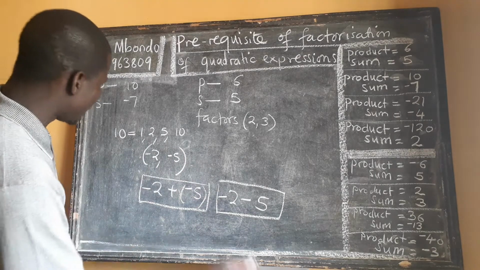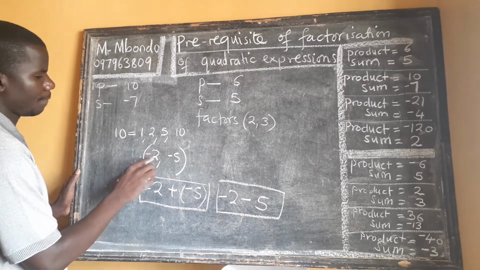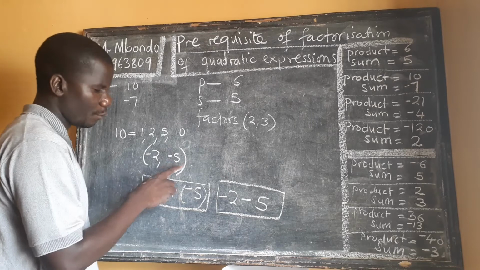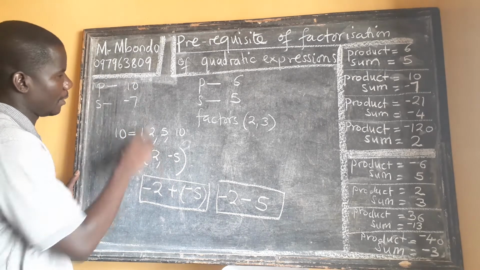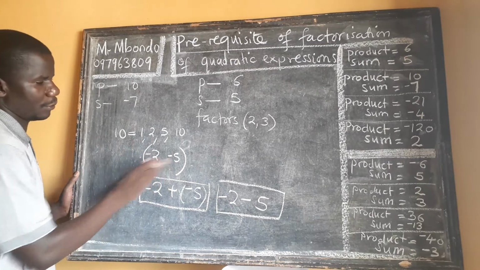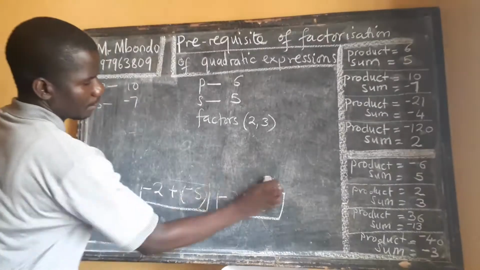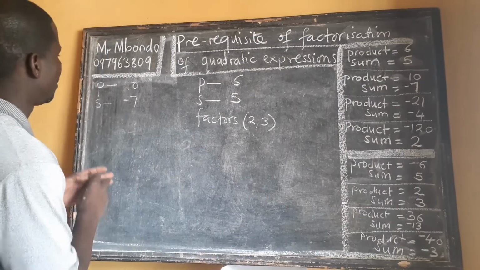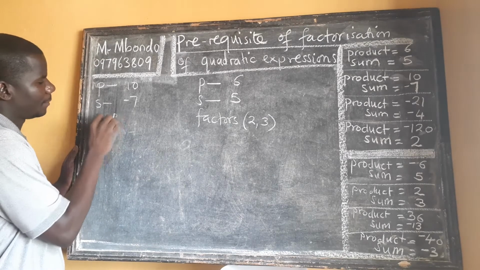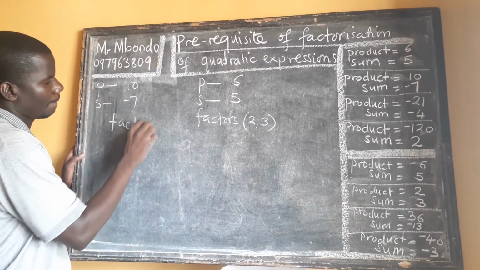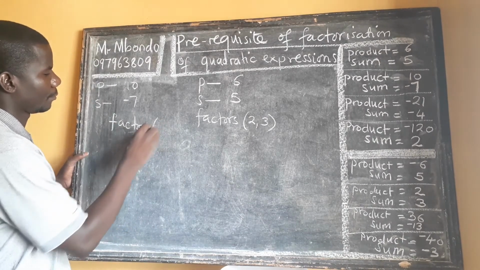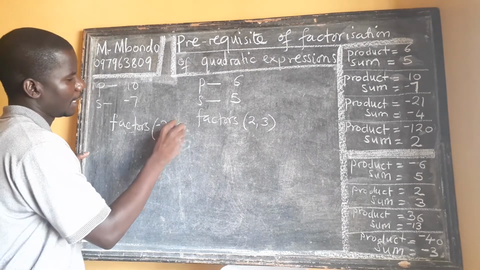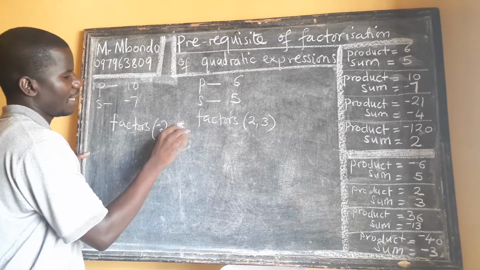So our factors in this case will be negative 2 and negative 5. When you multiply them, they'll give us the product, and when you add them, they'll give you the sum. Our factors will be negative 2 and negative 5.